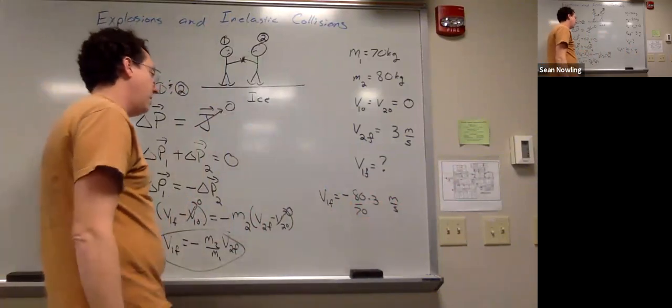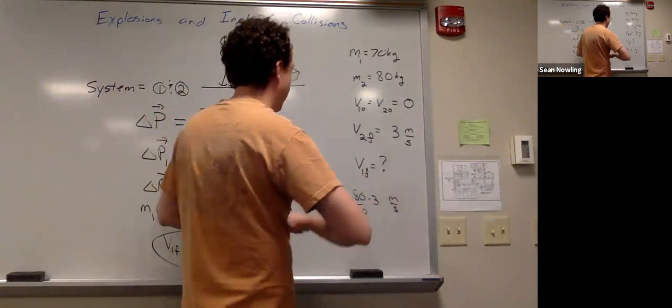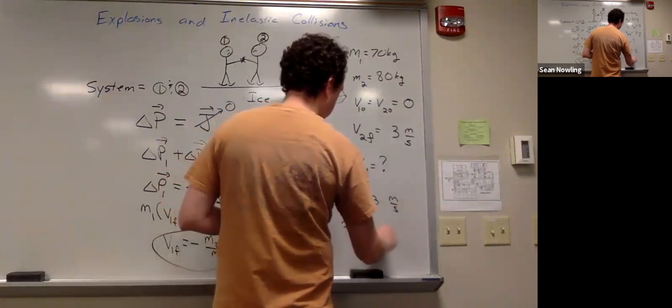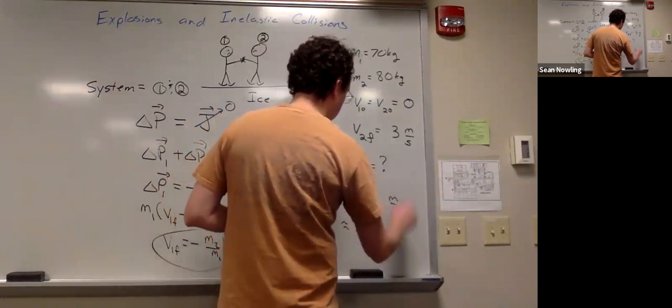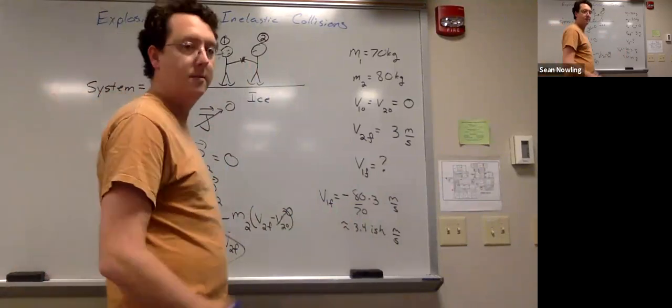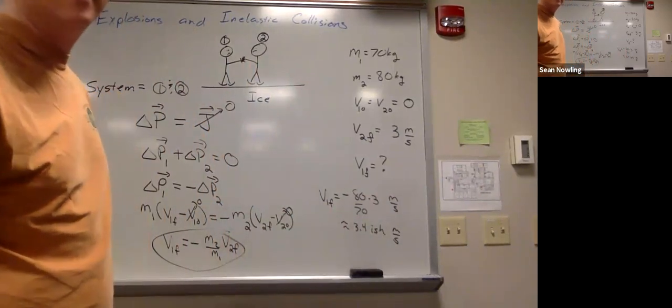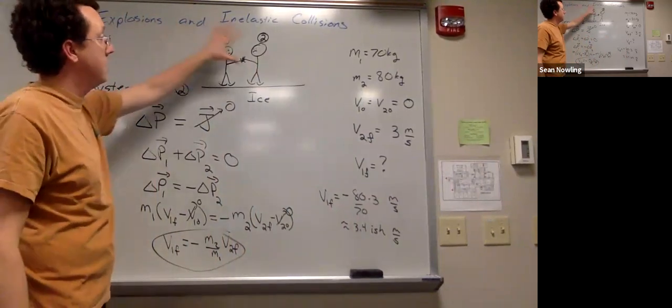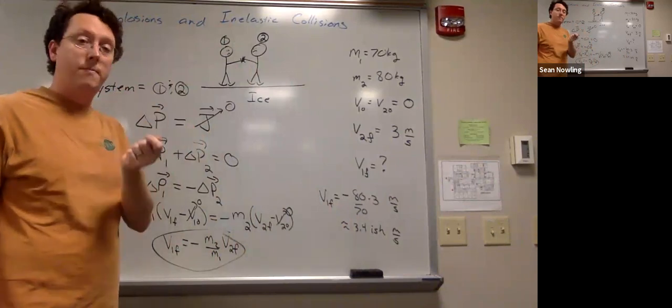So that's 3.4 or something like that. Call it 3.4-ish meters per second. Okay. So that's how you can choose the system in a clever way to make your life simple.